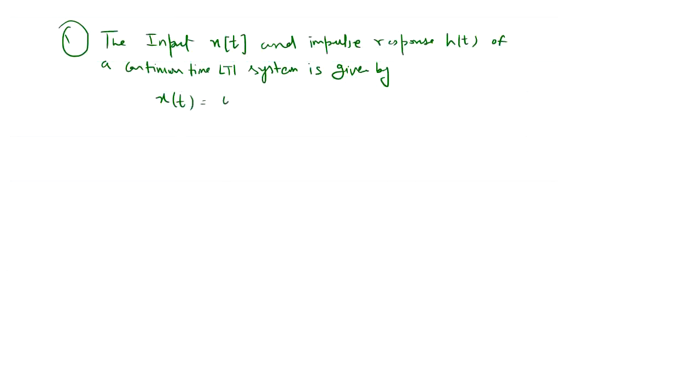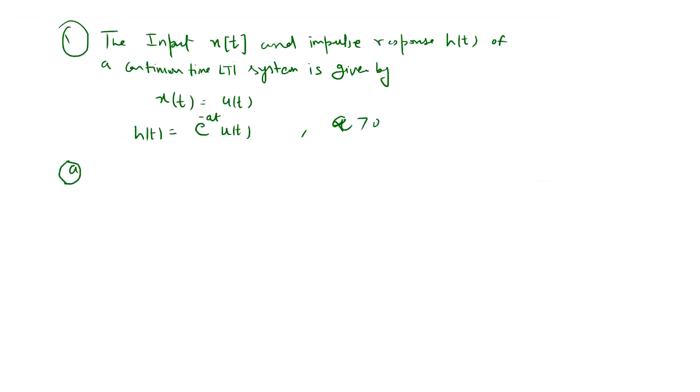x(t) equal to u(t) and h(t) equal to e raised to the power minus a t times u(t), where a is greater than 0. Now what is the first question?